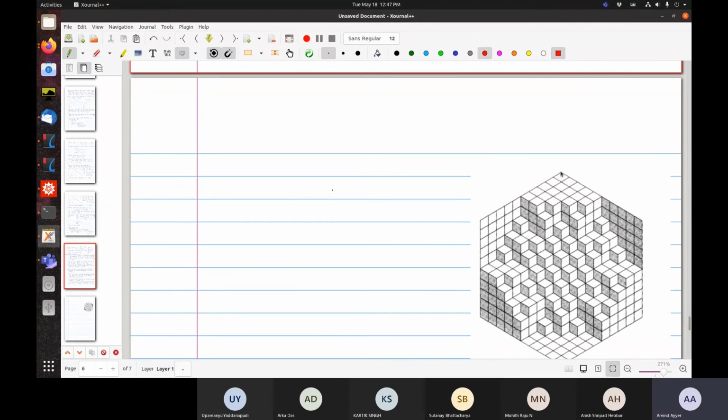So what we're going to do is essentially take 1/2 of that figure. I should have gone up to here.